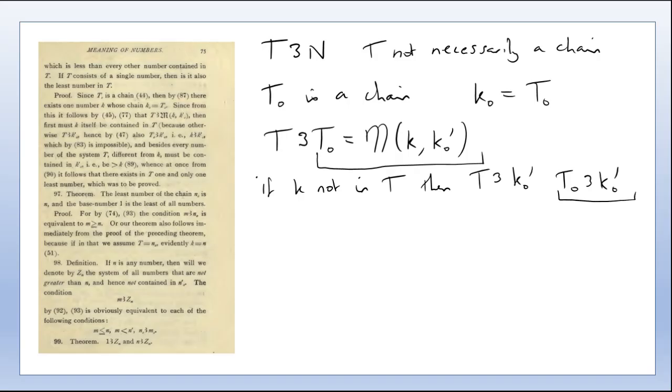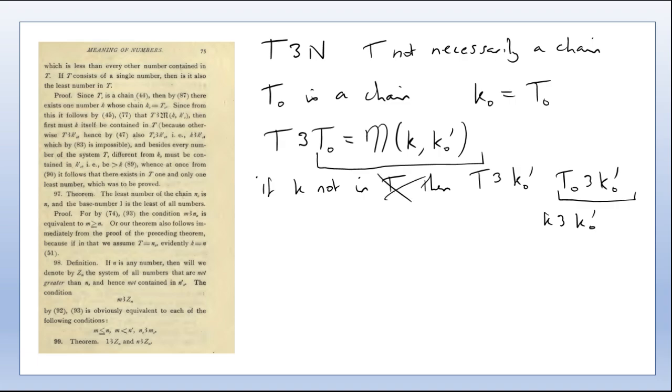But now we're showing that T0 is also part of K0 primed, then that means that K, which is an element of T0, must actually be an element of K0 primed. But that's a contradiction by 83. So K is a part of T.